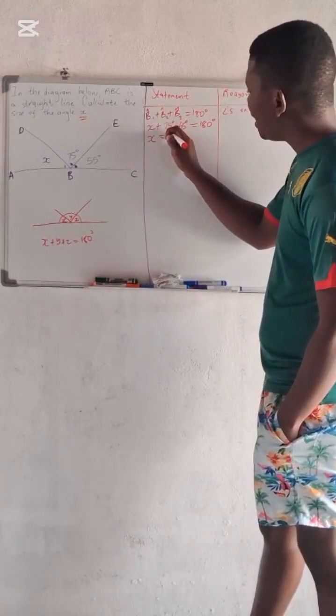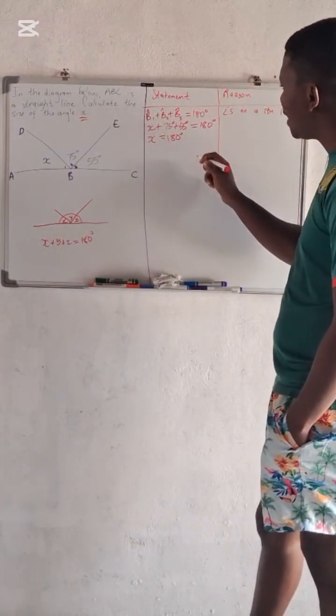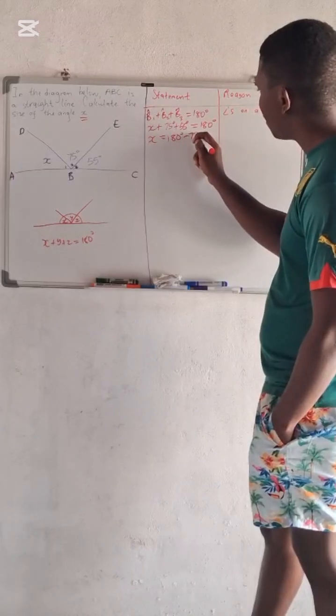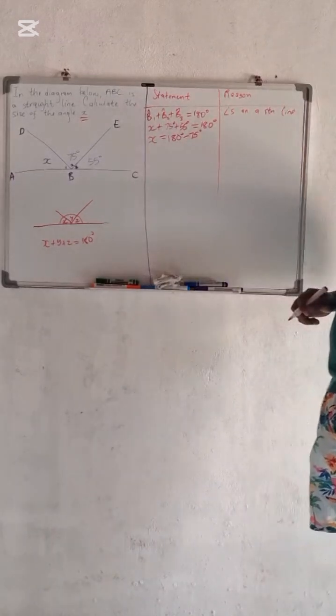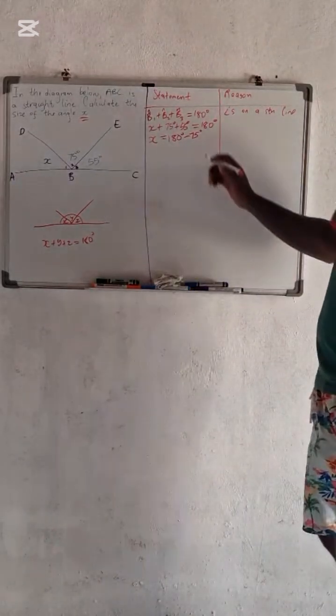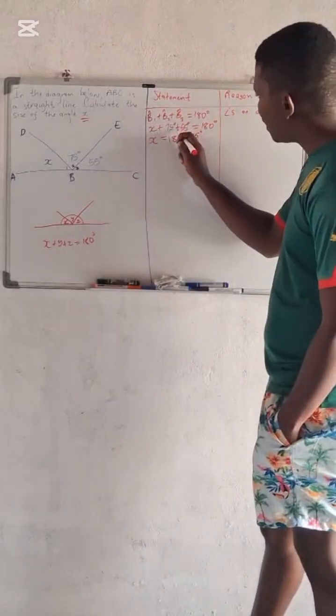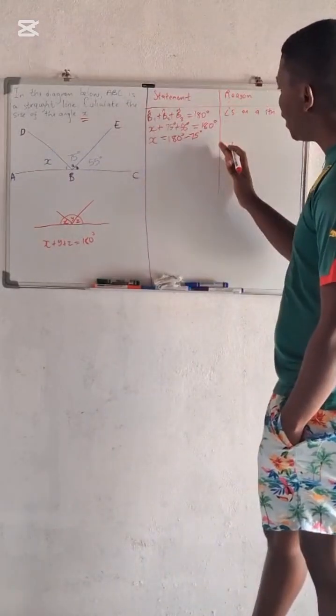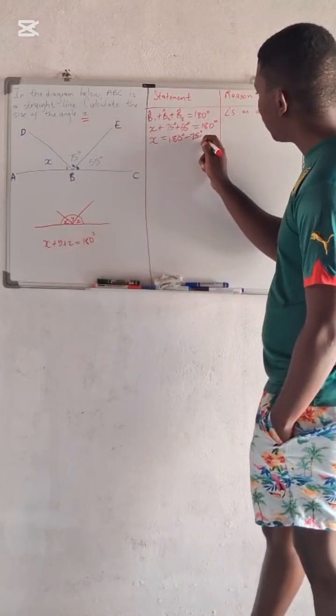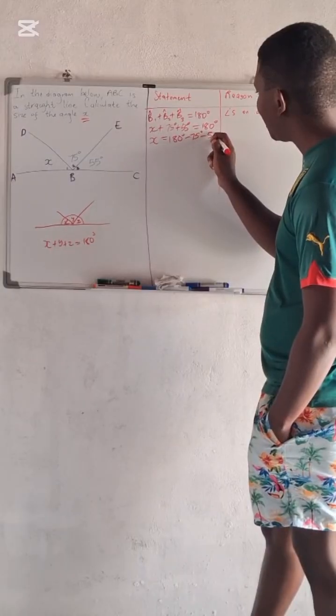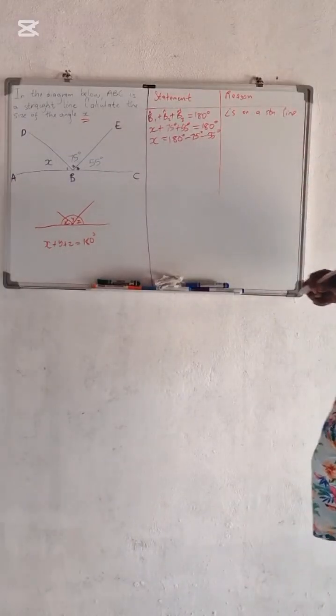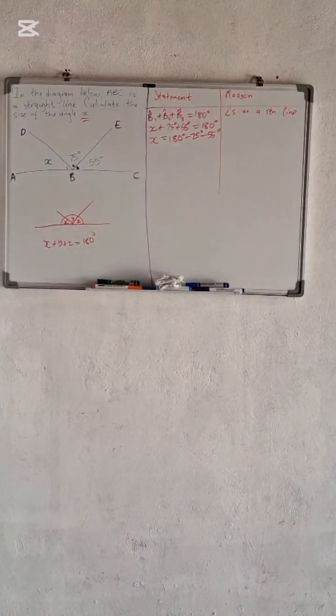75 on the left is positive. Taking it to the right is going to be negative 75 degrees. I'm still following so far. Right. 55 again is positive, is on the left. I need to move it to the right. It's positive, it's going to be negative the moment it jumps the equal sign. Cool. Right.